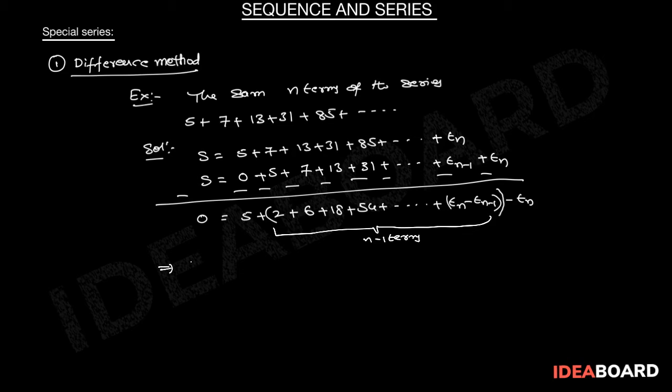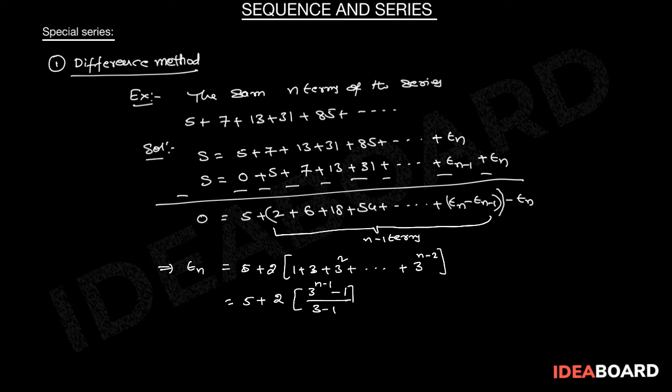That implies Tn equal to 5 plus 2 common, 1 plus 3 plus 3 square plus and so on, plus n minus 1th term, which is 3 power n minus 2. That equal to 5 plus 2 into (3 power n minus 1 minus 1) by (3 minus 1), that equal to 5 plus 3 power n minus 1 minus 1, that equal to 4 plus 3 power n minus 1.